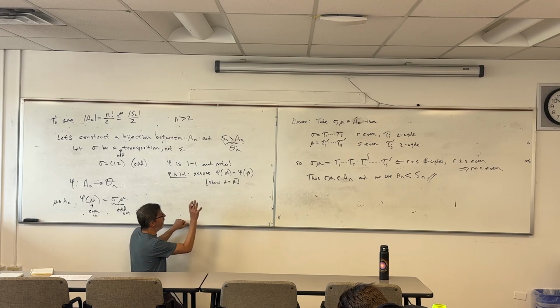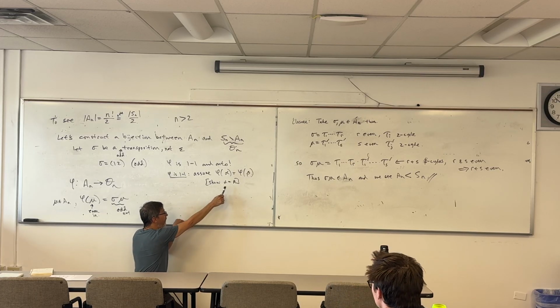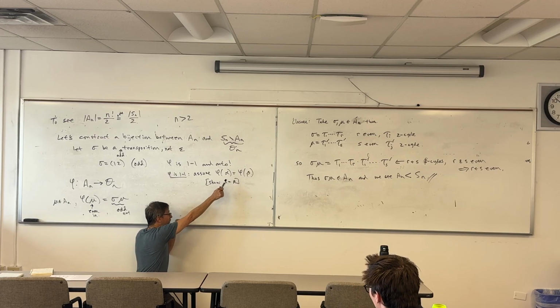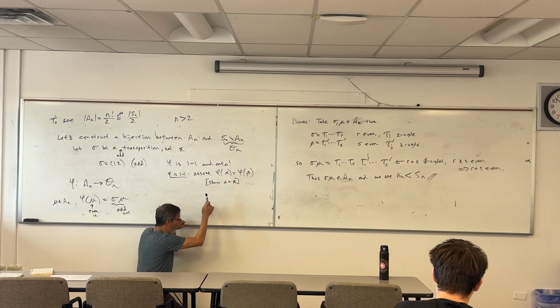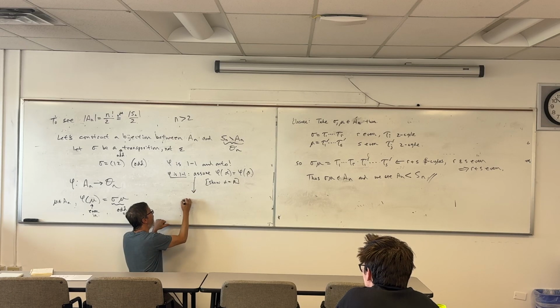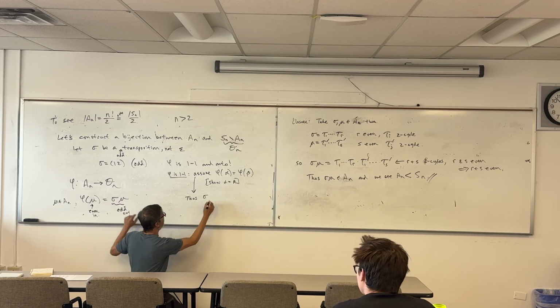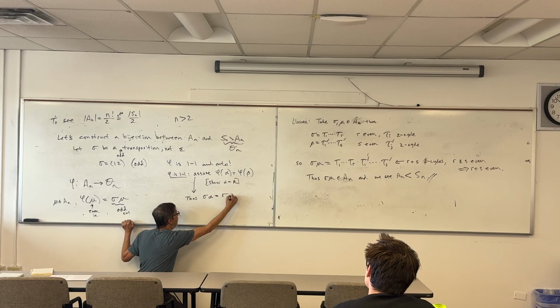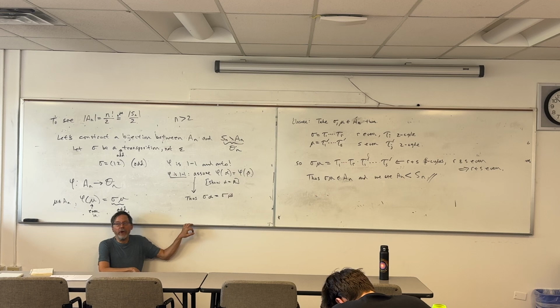This is the easy way to do one-to-one-ness in general. The contrapositive, where you assume these aren't equal and show that's not equal, is so much harder, so much better to work with equality. So from here, that's sigma alpha equals sigma beta. How do I show alpha equals beta?